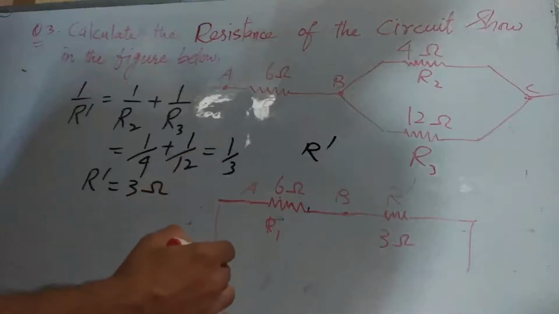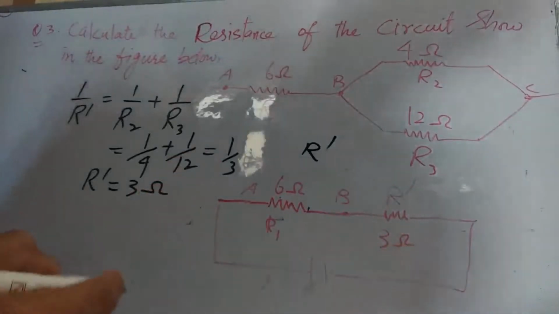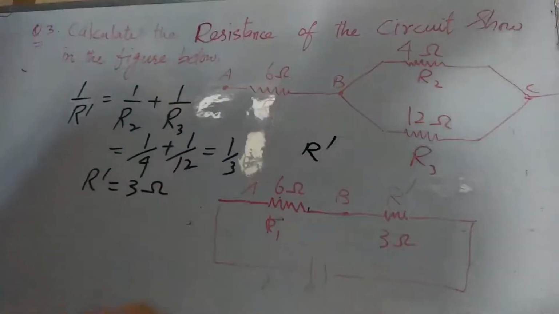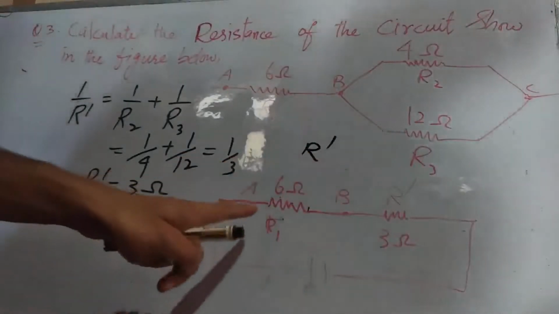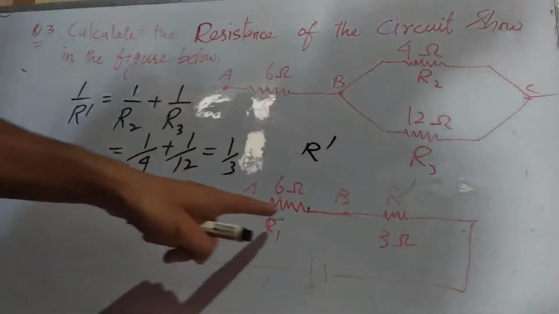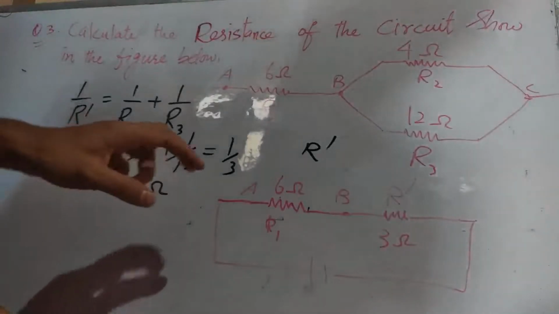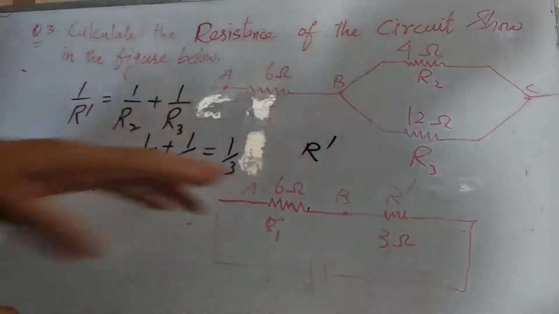For example, I connected this with a battery. So this circuit becomes like this. They are connected in series, so now I can calculate this resistance. R1 and R dash are in series.